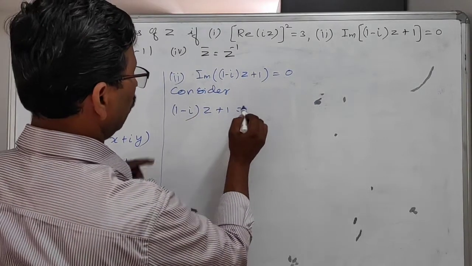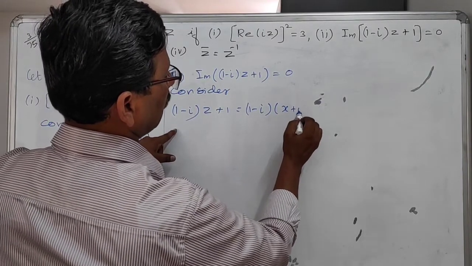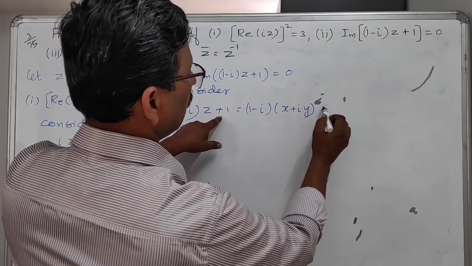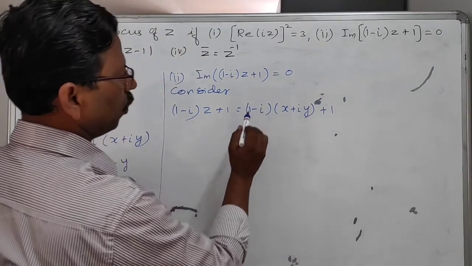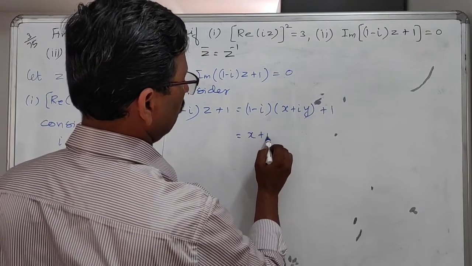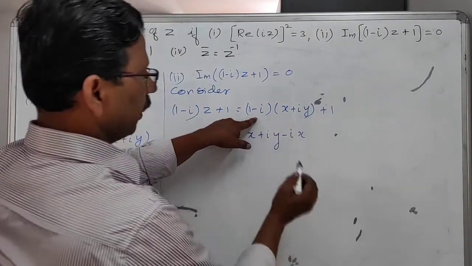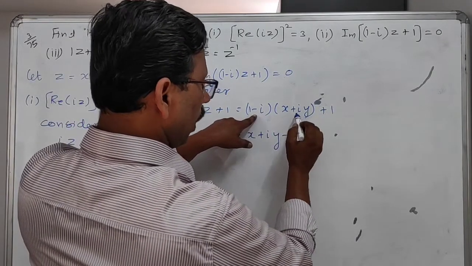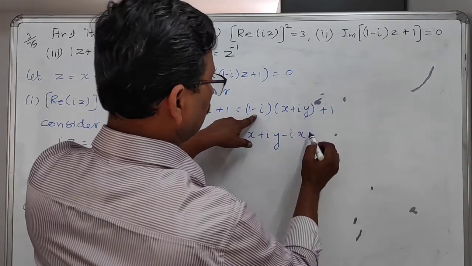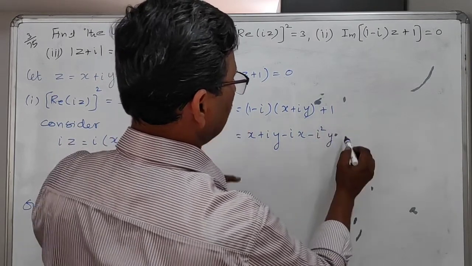Now, (1 minus i) into z, where z is x plus iy, then plus 1. Now multiply these two: 1 into x is x, 1 into iy is iy, then minus ix, then minus i square y, then plus 1.